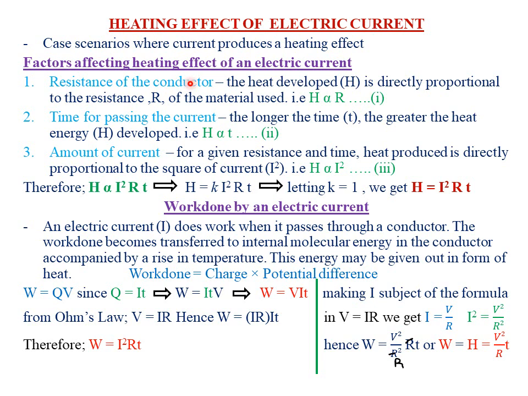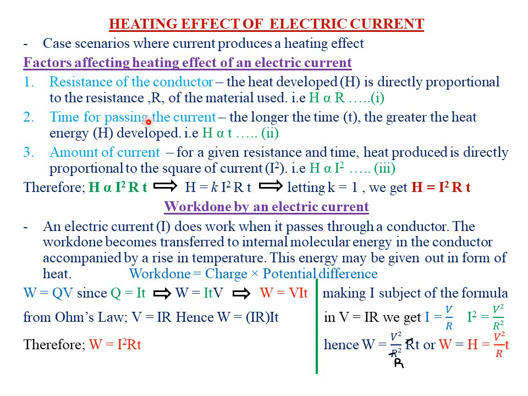The second factor that affects the amount of heat, that is the amount of electrical energy that will be converted into heat energy, is the time for passing the current through a conductor. Obviously, if the current passes through a conductor for a longer time, that increases the chances of the current being resisted.